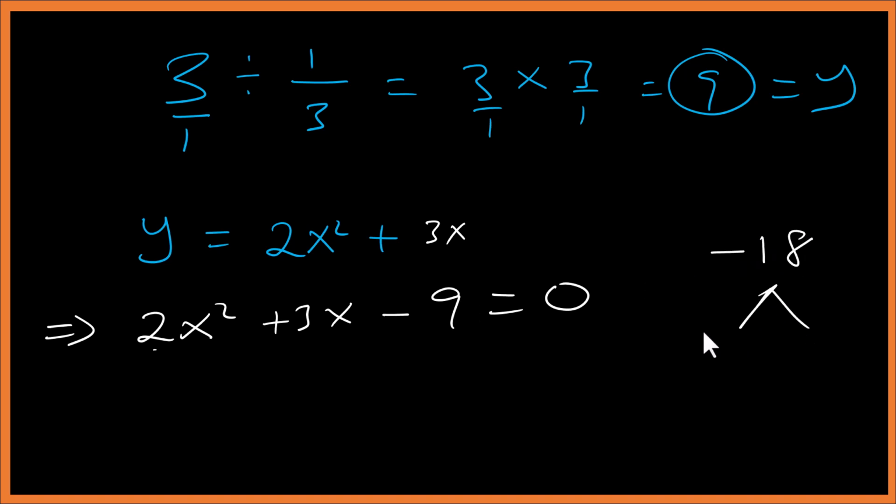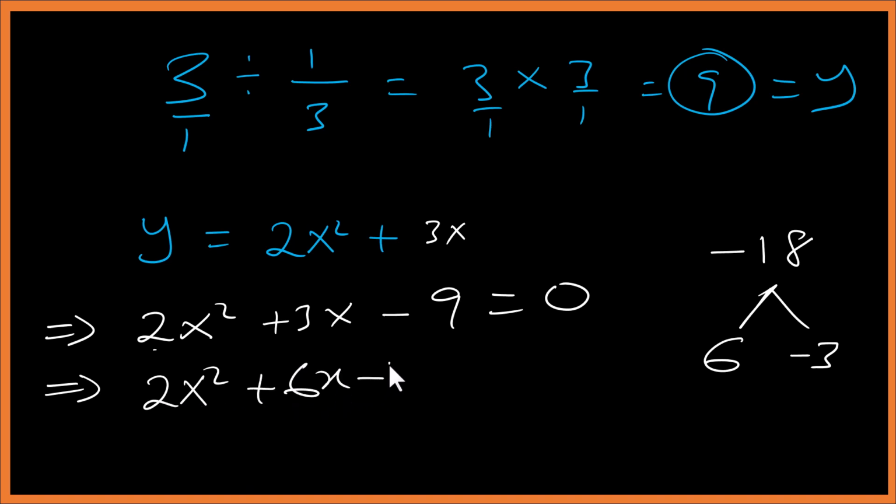Let's go ahead and find two numbers that when we multiply them give us minus 18, but when we add, we get plus 3. So 6 times minus 3 is minus 18. 6 plus minus 3 is plus 3. So we have 2x² + 6x - 3x - 9 = 0.